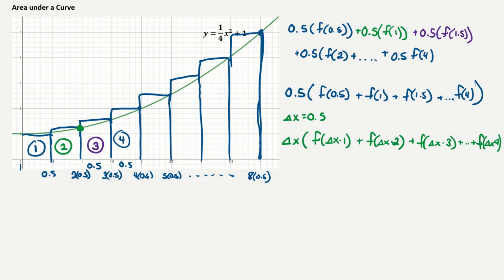Because remember, that 4 is 0.5 times 8. So I had change of x times 8 is what I meant to put there. This f of 1 is change of x times 2. And so we can rewrite the formula in this way.